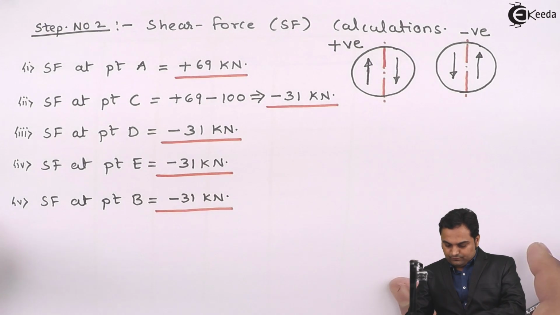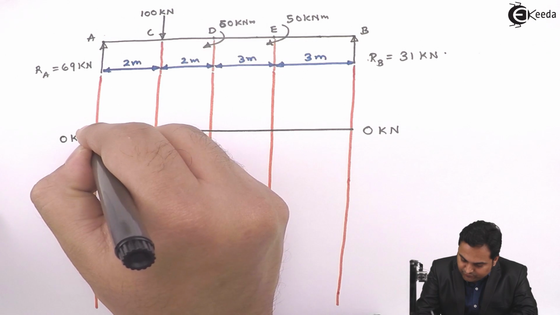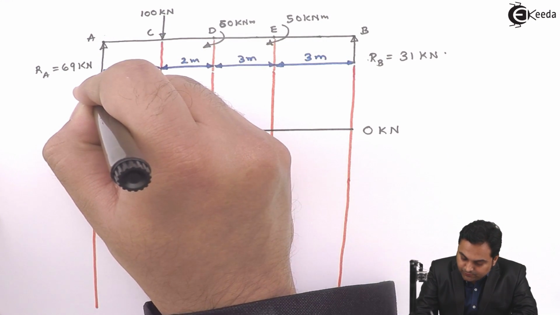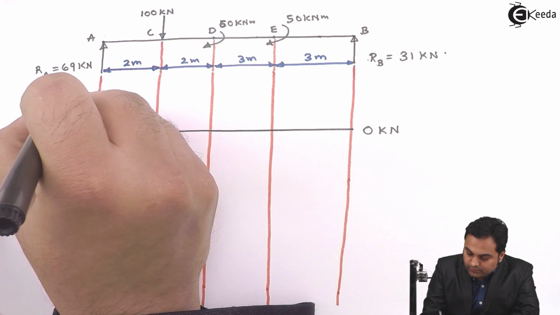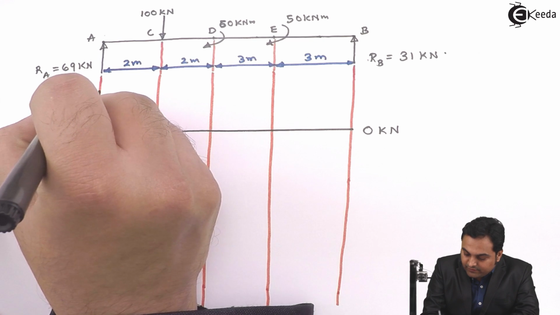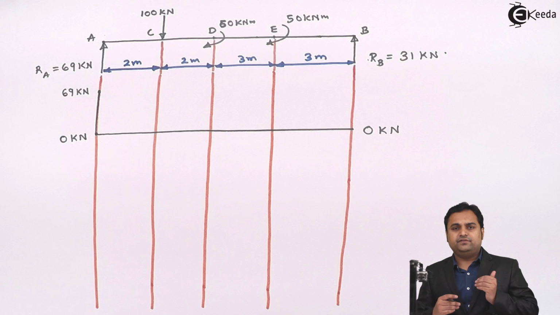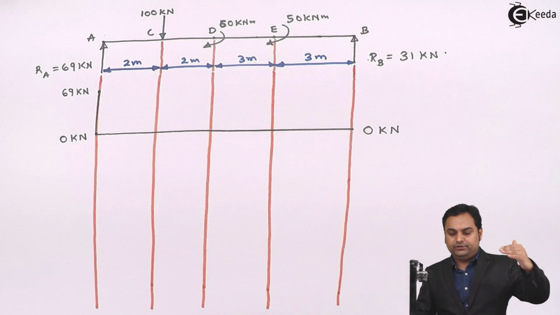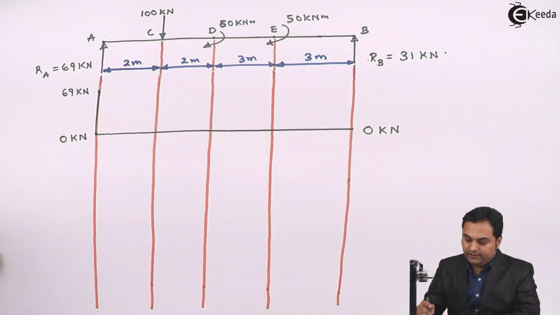So SF at point A should start from 0 and it should take a positive value. This positive value is plus 69. Whatever the values, if the shear force is positive, we have to show it above the 0 kilonewton line. If the shear force is negative, we have to show it below the 0 kilonewton line.